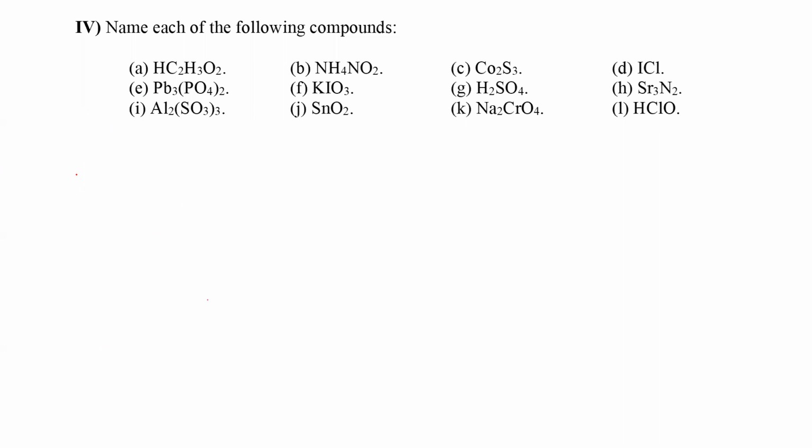So we have A, that is based on H plus and a common anion that you have to know, C2H3O2 minus, which is the acetate ion. So when it's based on the ate ion, we need to replace the ate by ic. So it's going to be acetic, and we add acid.